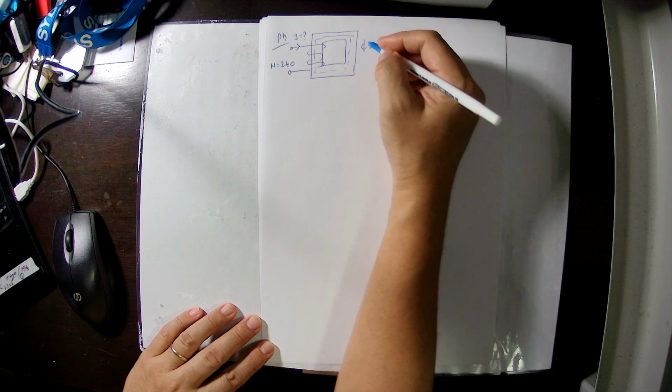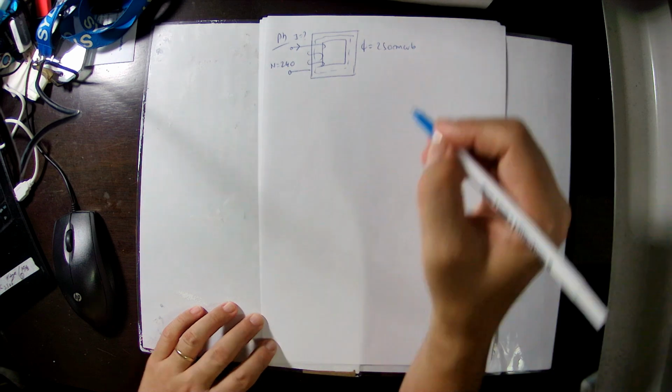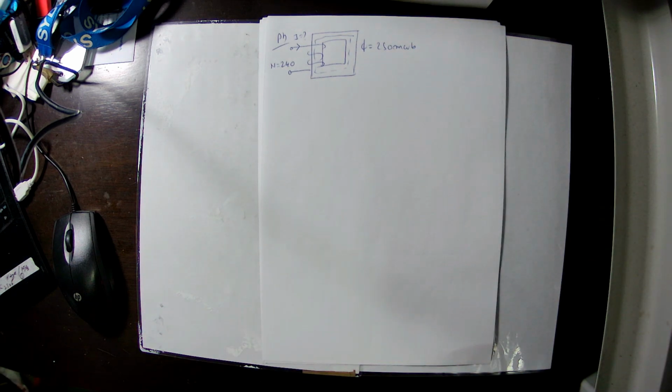Phi equals 250 milliweber. This is given. I need to be calculated. In this case, the number of turns is 200. So those things are given.